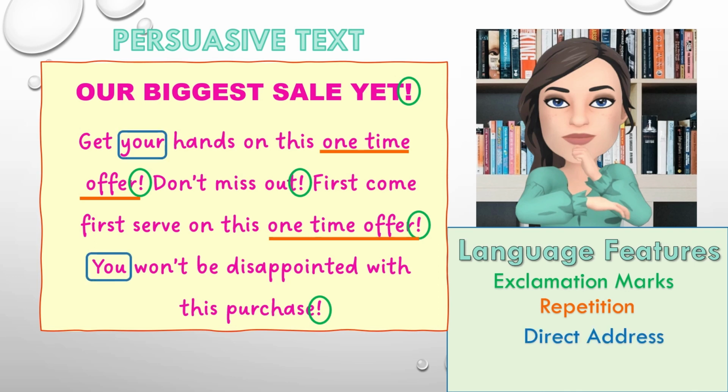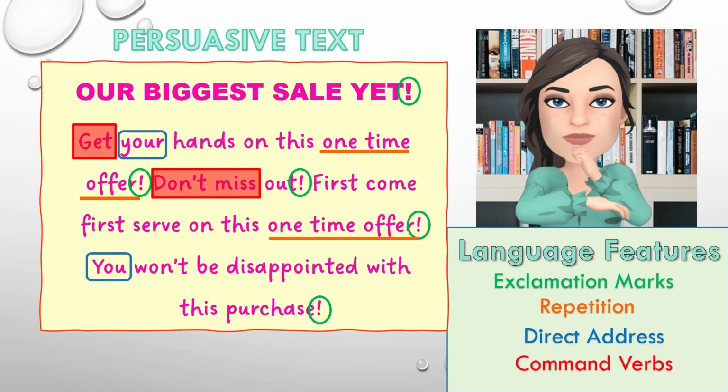Direct address is used, using words like you, we and us, because it makes it seem like the writer is talking directly to you as the reader only.